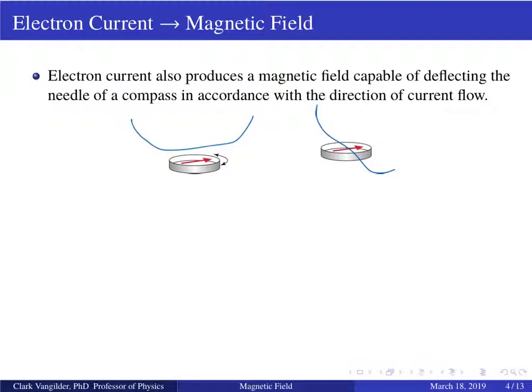But it is a fact, as stated here, electron current produces a magnetic field that will deflect the needle of a compass. So the thing that is interesting is that the magnetic field that emanates from moving charges produces a force that acts at a right angle to the current flow.